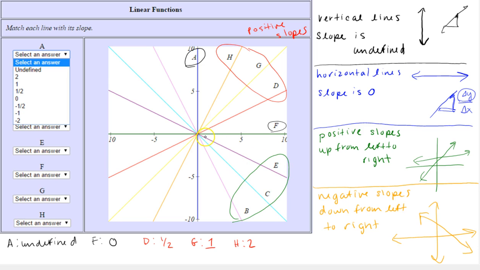This one has a little bit larger decline, and this one has the steepest decline. So looking at these values, this one would match with the smallest negative value, which is -1/2. So it's the smallest negative slope. Then we have C would match up with a slope of -1, and finally B would be a slope of -2.